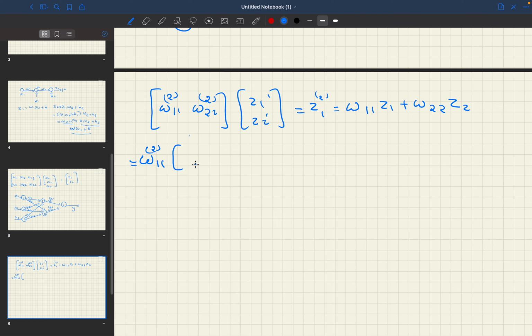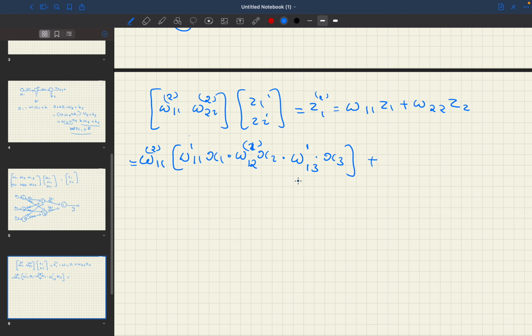W11 layer 2 will be, how can we expand this? We can say that W11 layer 1 into X1, plus W12 layer 1 into X2, and W13 layer 1 into X3, right?